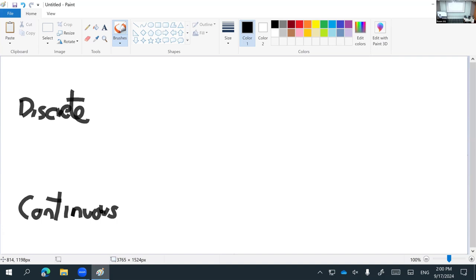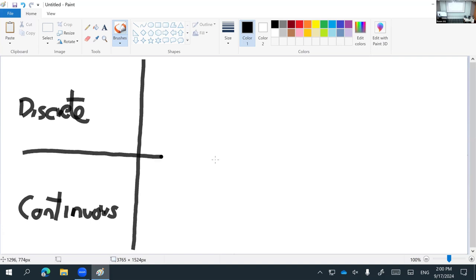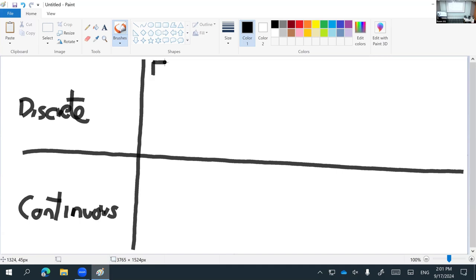Now the discrete. Well, I'm not going to separate between nominal and ordinal, because that's how you define it. But I'm going to separate into 2 things: one is called finite, and infinite.